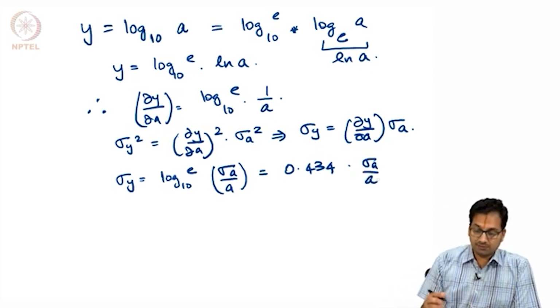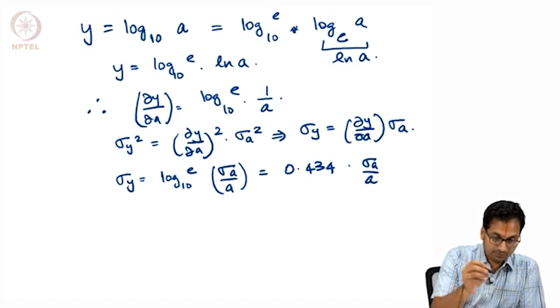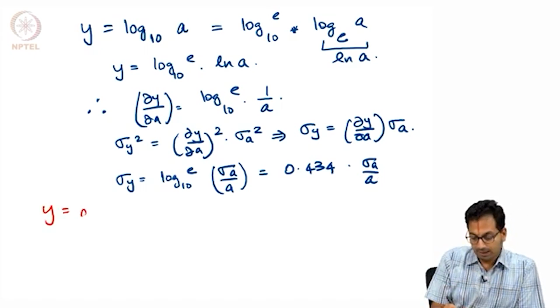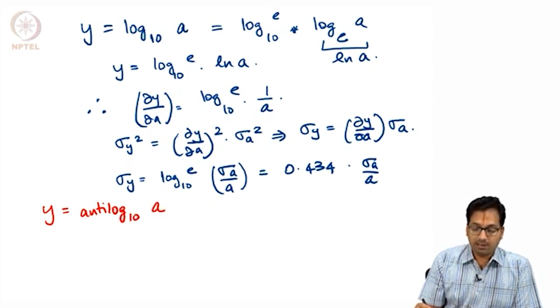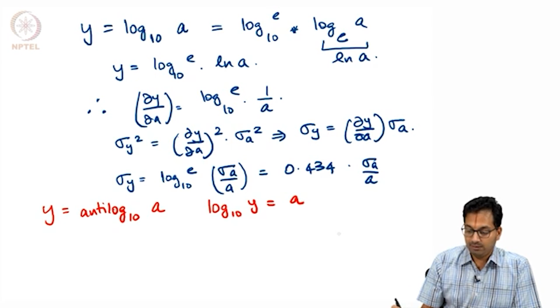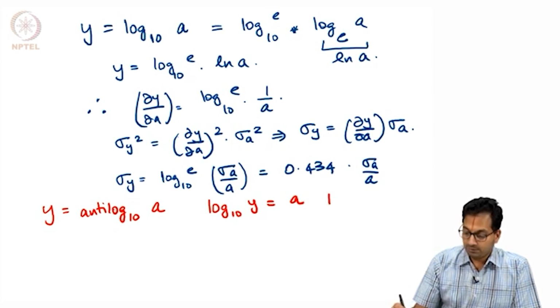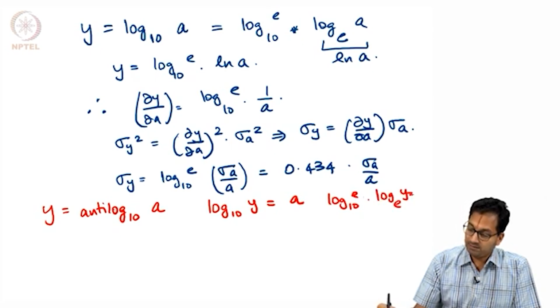Similar was the exercise that was given to you, which is y equal to anti-log to the base 10 of a. In this problem, one can imagine, let us say we take a logarithm on both sides, log y to the base 10 will be equal to a, and this also implies log e to the base 10 times log y to the base e is equal to a.